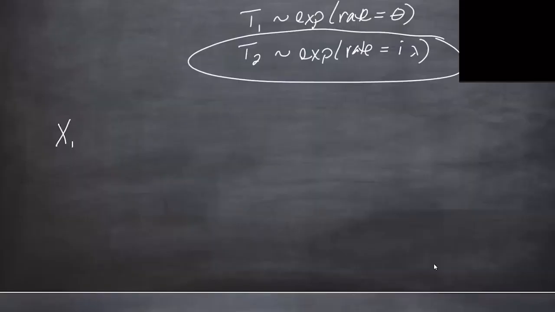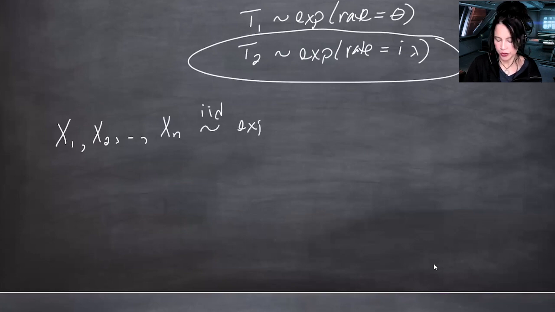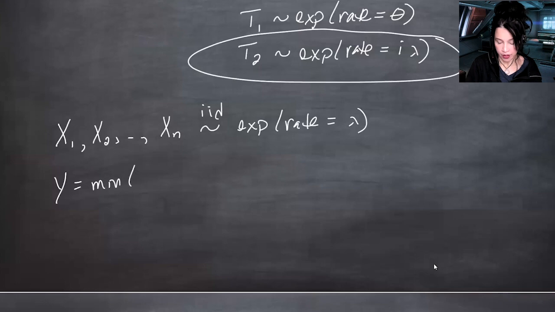A long time ago, we had some IID exponentials with rate lambda, and we let y be the minimum of these exponentials.